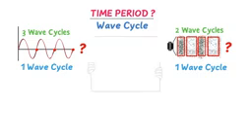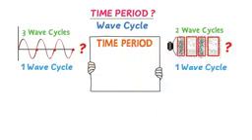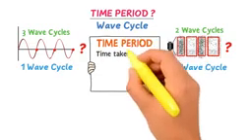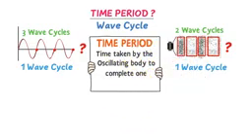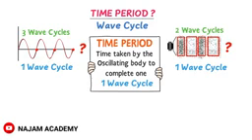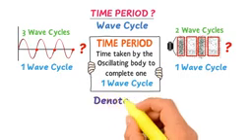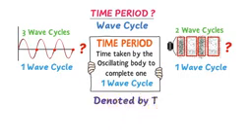Now listen carefully. Time period is defined as the time taken by the oscillating body to complete one wave cycle or one oscillation. Let me repeat it. Time taken by the oscillating body to complete one wave cycle or one oscillation is called time period. Time period is denoted by capital T and its SI unit is second.